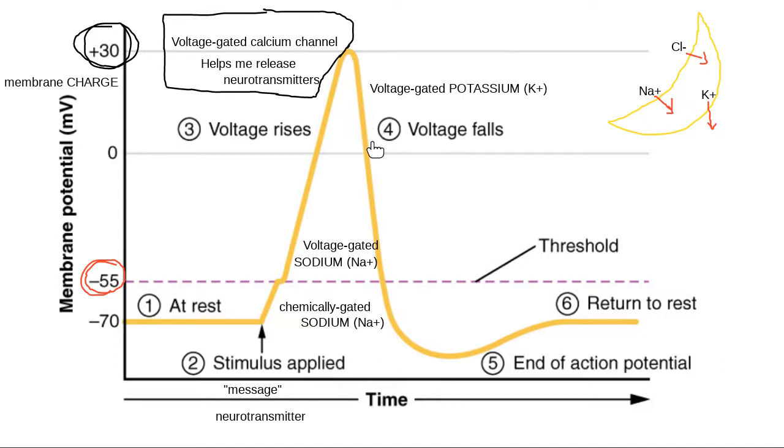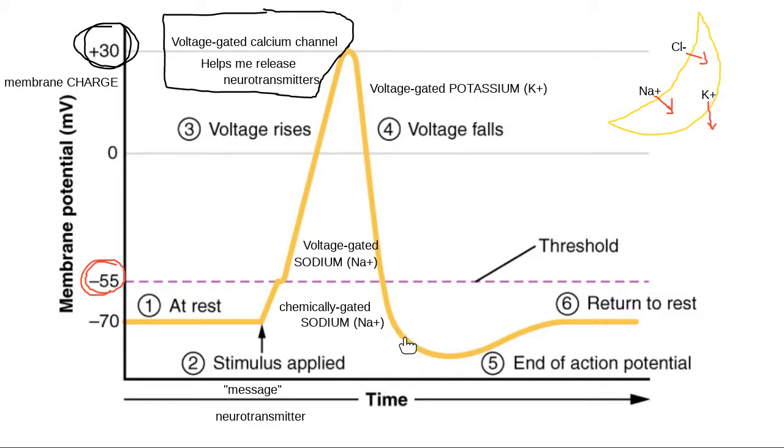See how the charge on the inside keeps getting more and more negative? That's because I'm taking these positive potassiums and spitting them out. I'm doing subtraction, basically. So I go from being all the way up at positive 30, back down, down, down to resting membrane potential.